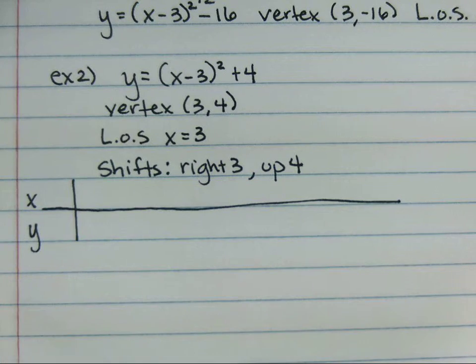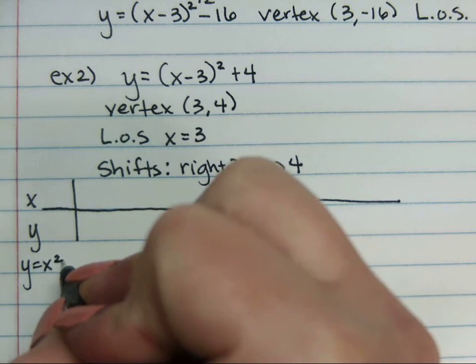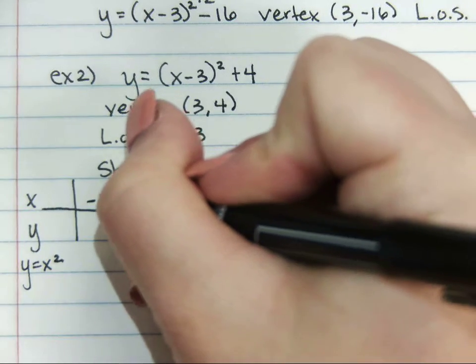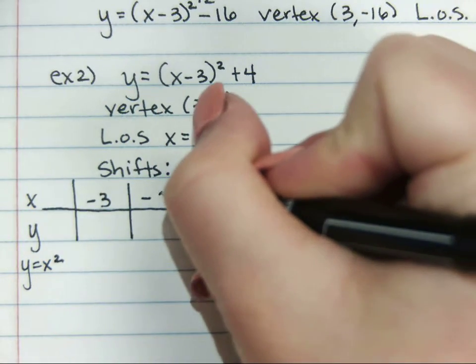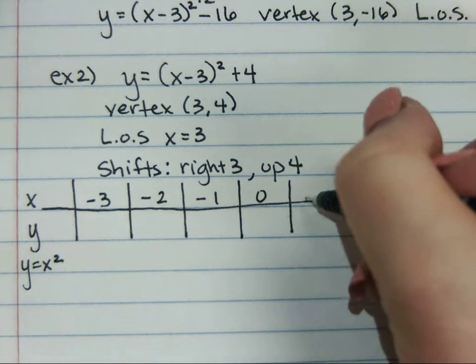All right, so in a normal in-out table, you're looking at using the parent graph where y is going to be x squared. And so we're going to use things like negative 3, negative 2. We're going to be using all of the integer values.